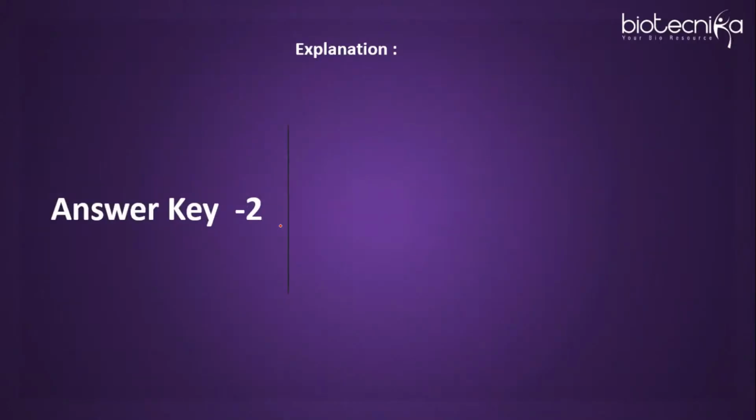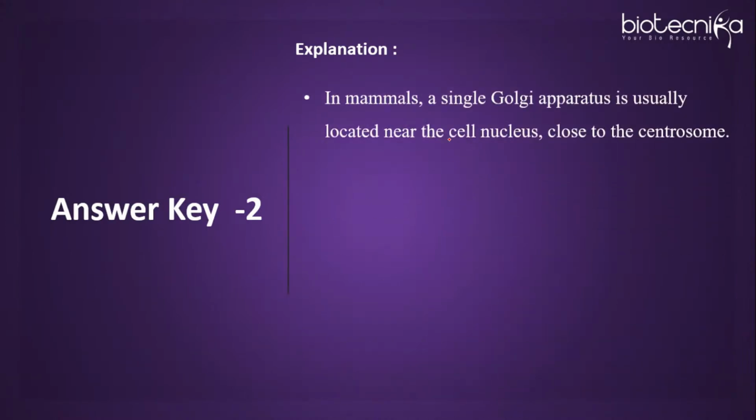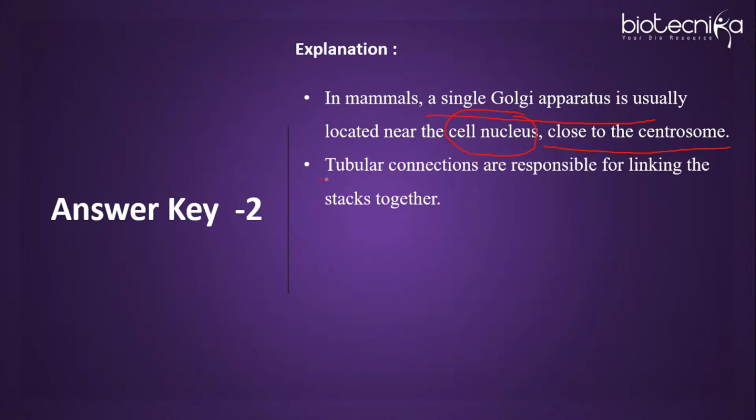The correct answer is 2, that is microtubules. Now what happens here in mammals, we have a single Golgi apparatus which is usually located near the nucleus and closer to the centrosome. And these tubular connections are responsible for linking the stacks together. What are the stacks here? Stacks means your cis face, trans face and mid face.